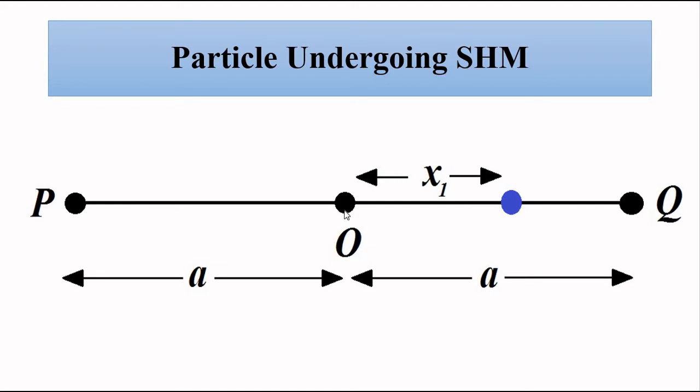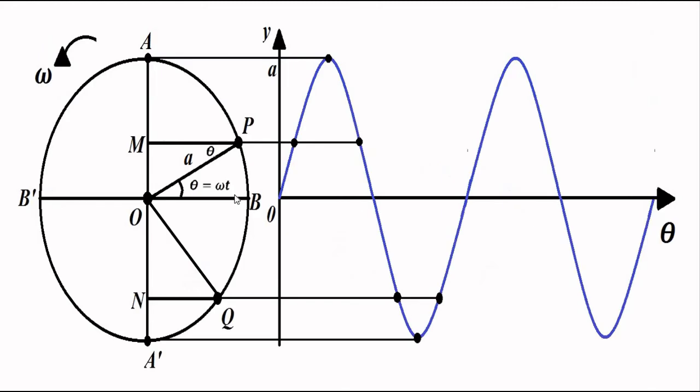Let's say the instantaneous position of the particle is at this blue position here. So the instantaneous displacement is x1. If we want to measure the instantaneous displacement, there are various things which are important here.